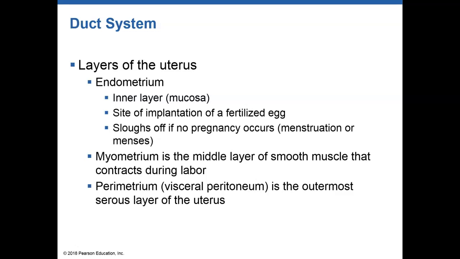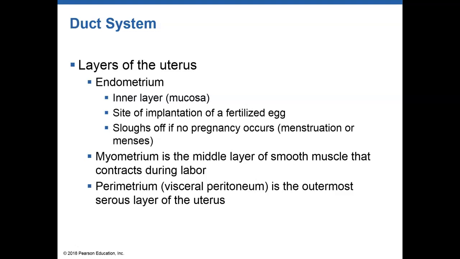Then we have a thick, smooth muscle layer called the myometrium. The myometrium is the smooth muscle that contracts during menstruation, during labor and delivery, during pregnancy.